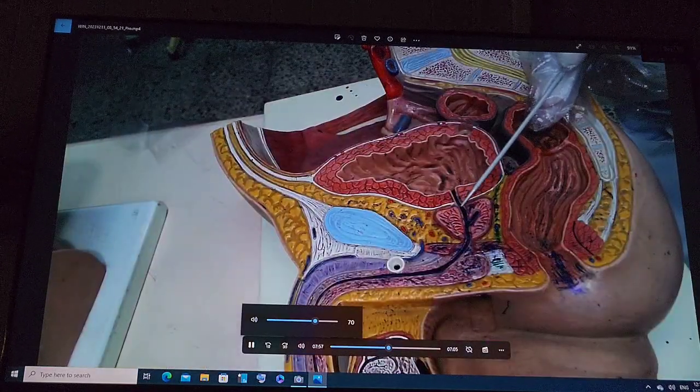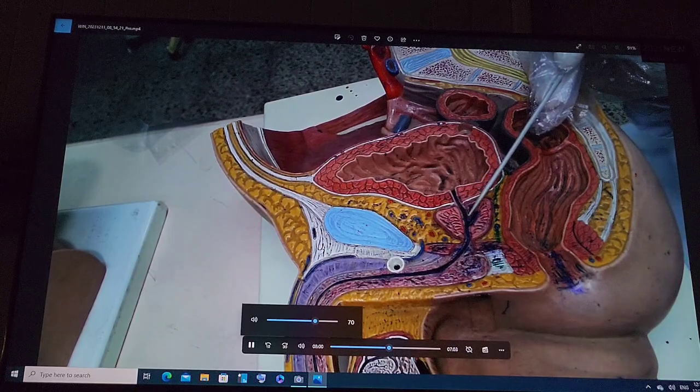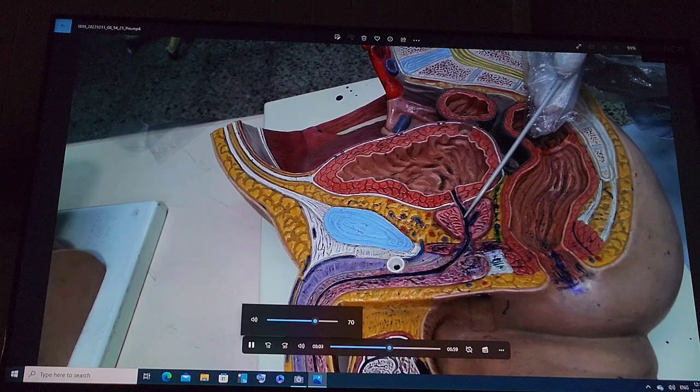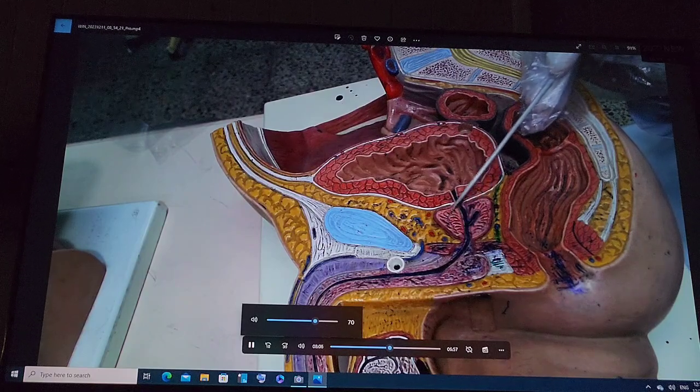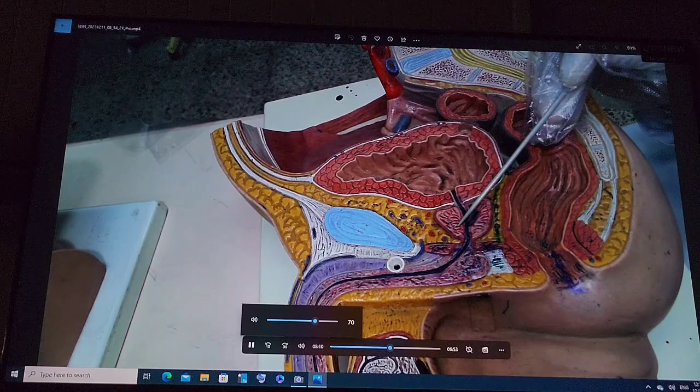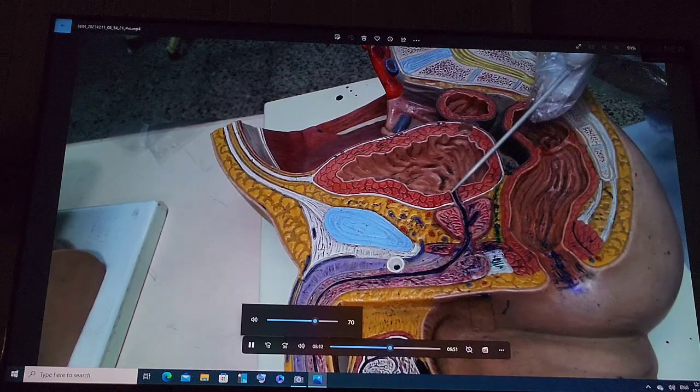Regarding the prostate gland, the prostate is a male organ. It can be described as roughly like a chestnut with the apex below and the base above.